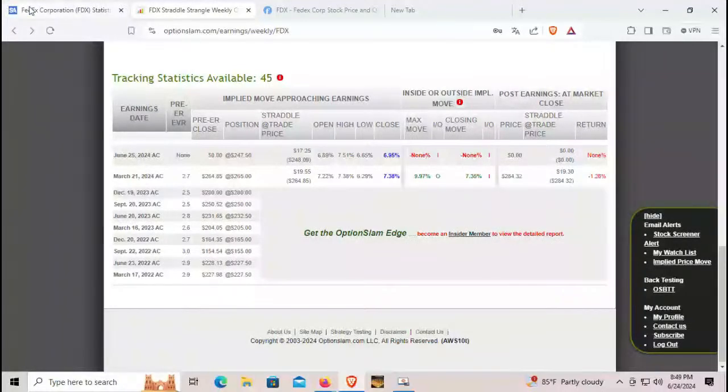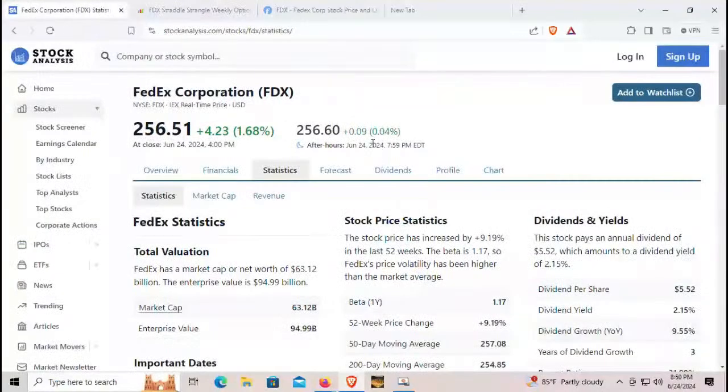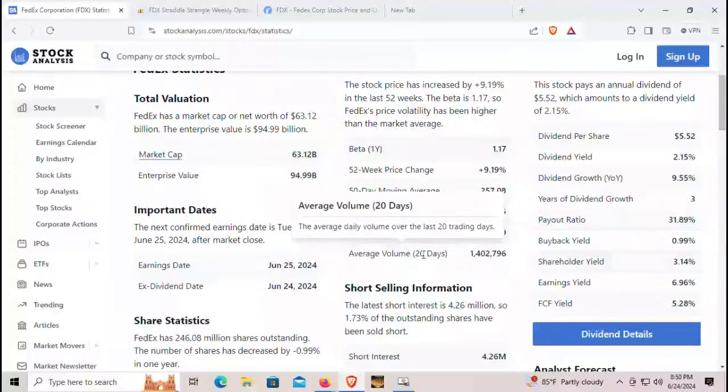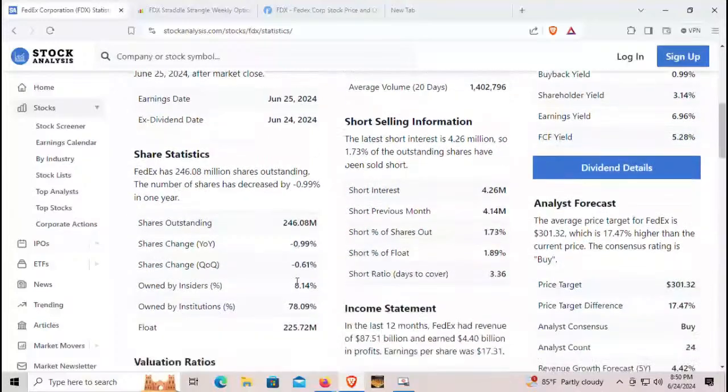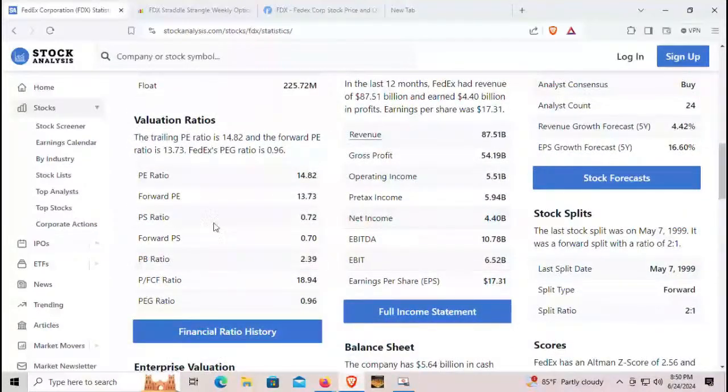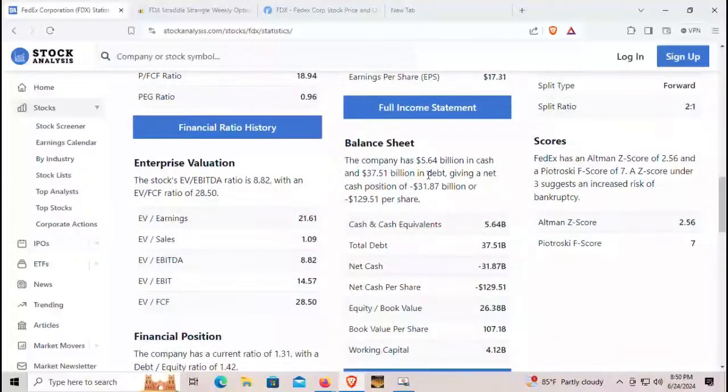So then I have this one, which gives me the statistics. So I have the beta on the top over here. I have the PS ratio at 0.72. Then I go to the balance sheet. So they have $5 billion in cash and $37 billion in debt, giving a net position of negative 31 billion, or negative $120 per share.